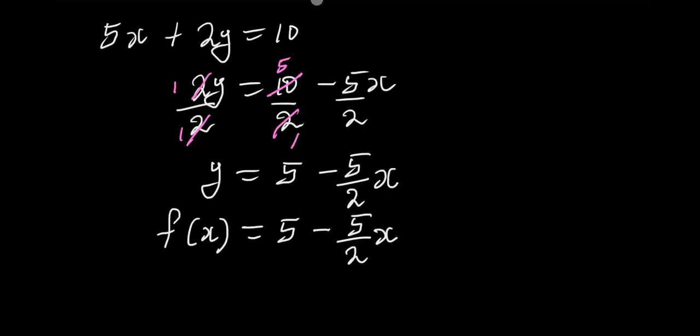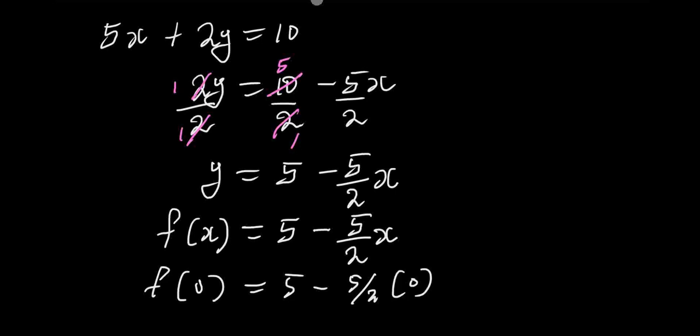Now, at this point, you discover that if we plug in any input into this relation, we are going to have just one answer as the output. So for every input plugged into this function, there will be just one answer as the output. Let's take, for example, if we plug in 0, this is going to be 5 minus 5 over 2 times 0.